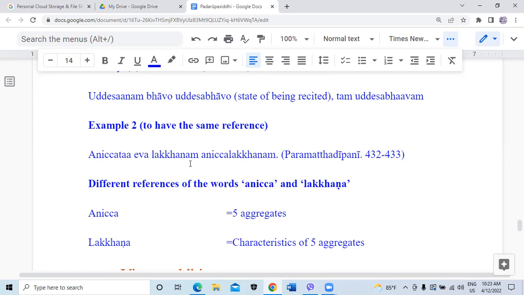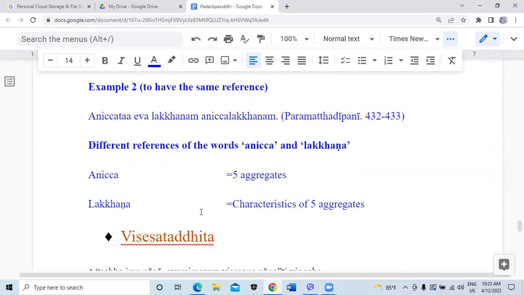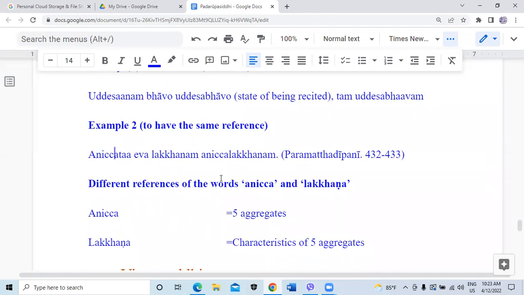Anicca eva lakkhaṇa anicca. This is, you know, we can say bhava lopa. So in the case of anicca lakkhaṇa, we can say both bhava lakkhaṇa and bhava paṇṇa and bhava lopa. Okay.